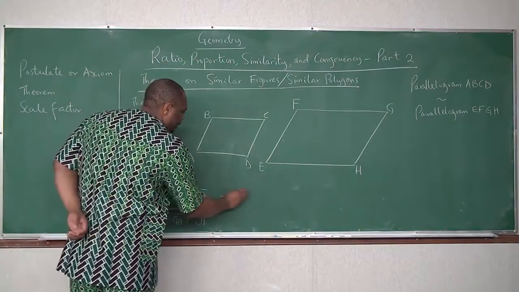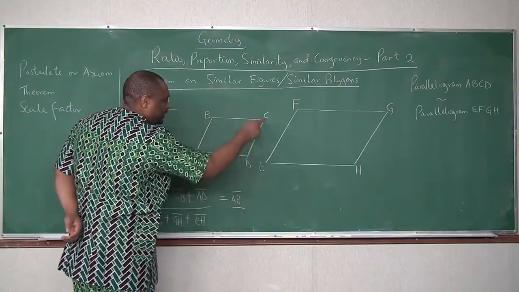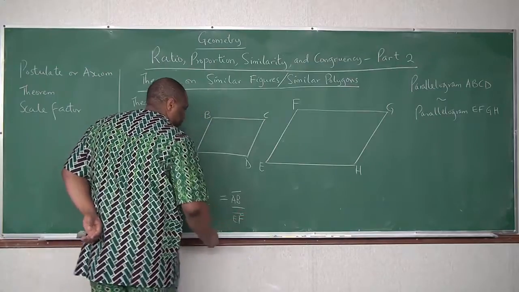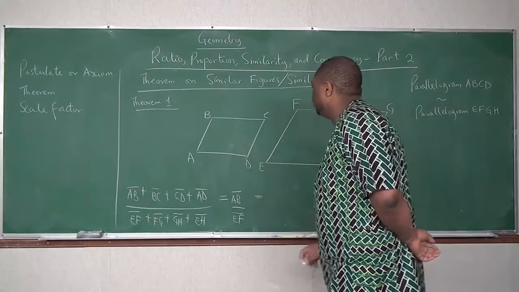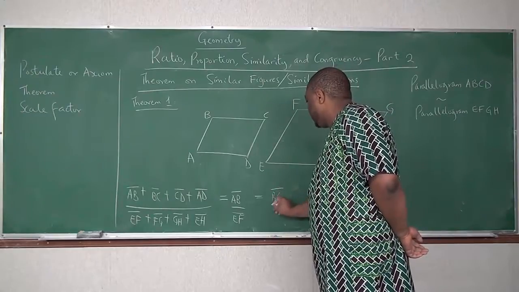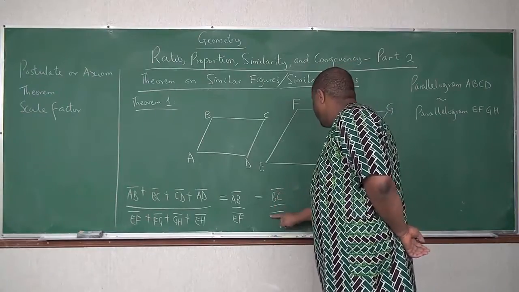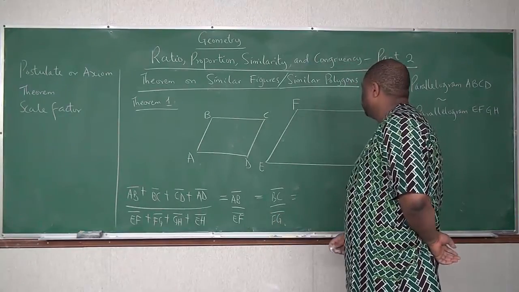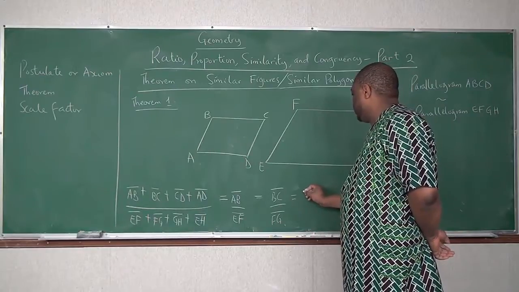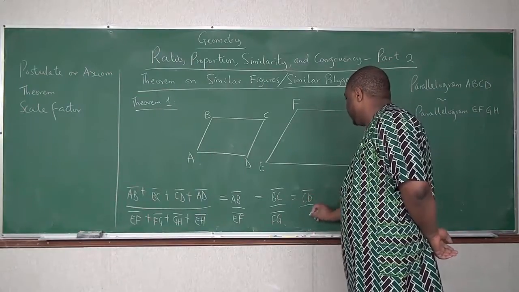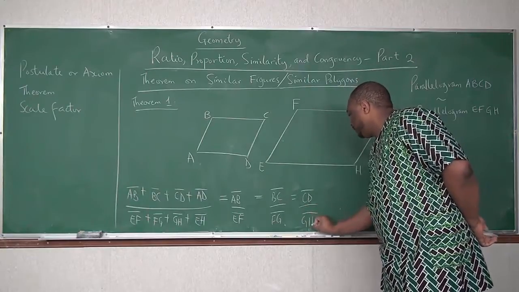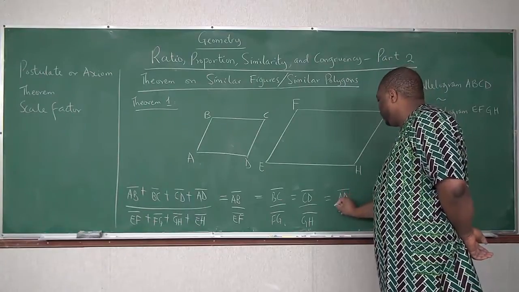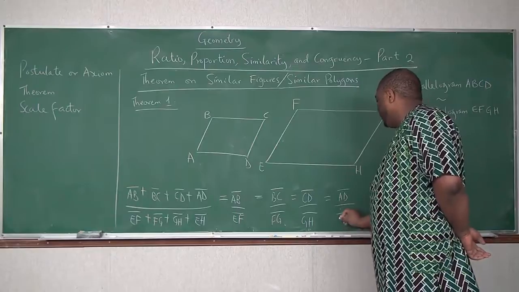So this will be line segment AB over the corresponding side line segment EF, which is also equal to line segment BC over line segment FG, which is also equal to line segment CD over line segment GH, which is also equal to line segment AD over line segment EH.